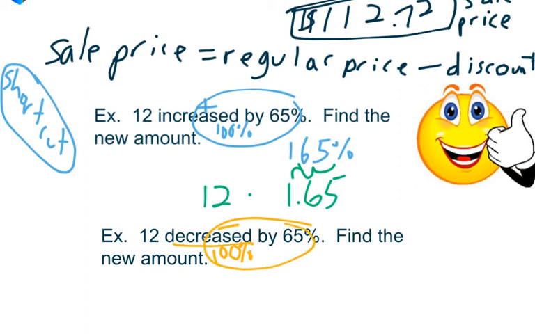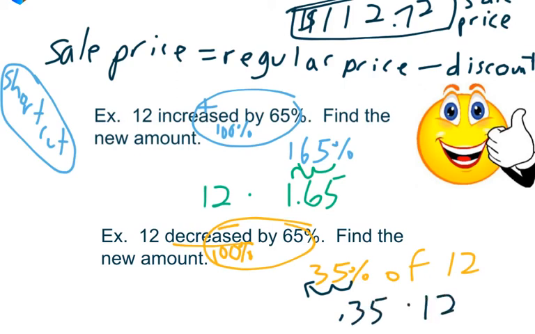So what is 100 minus 65? 35%. So it would be 35% of 12. And again, we know that we need to make our percent a decimal. We know of means multiply. So it's 0.35 times 12. So that's the shortcut to find the new amount.